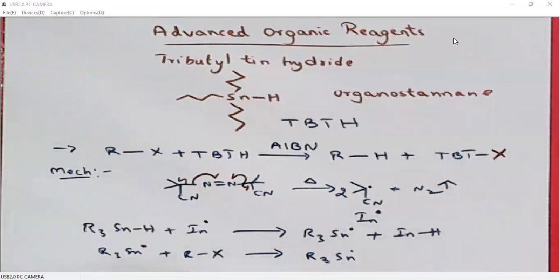So to avoid confusion, I'll write butyl as Bu. Tin radical will pick up the halogen from the alkyl halide. Then R becomes a radical.